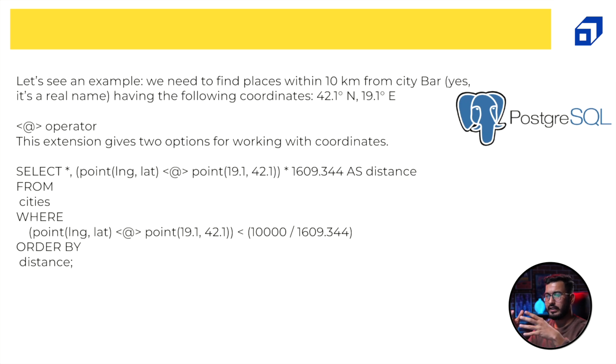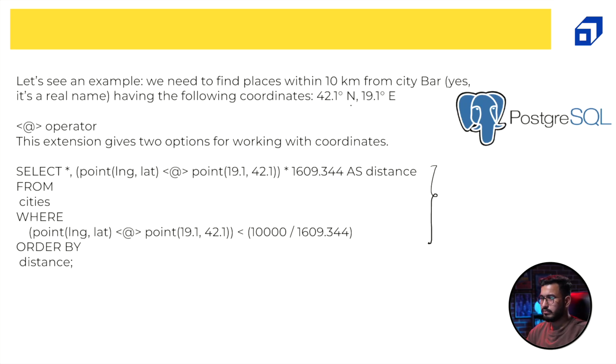Now here we have one example of how we can use the PostGIS framework. Let's say we have to find out what all places we have around a particular region. Here we have the latitude and the longitude, and I wanted to find out what all places we have around this particular place within 10 kilometers. Here you can see the sample code.